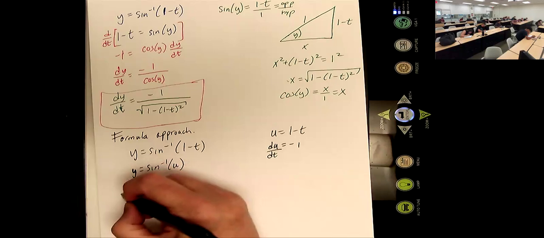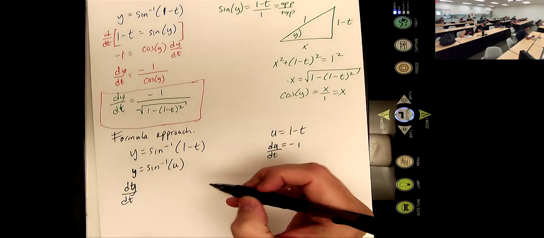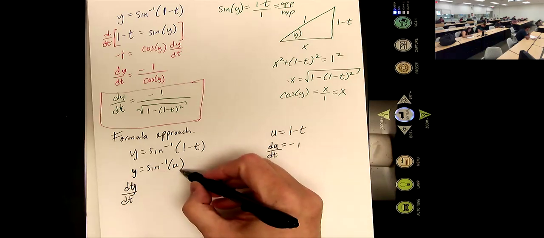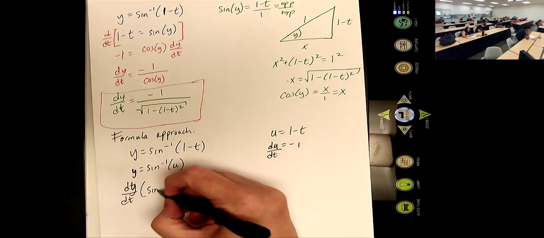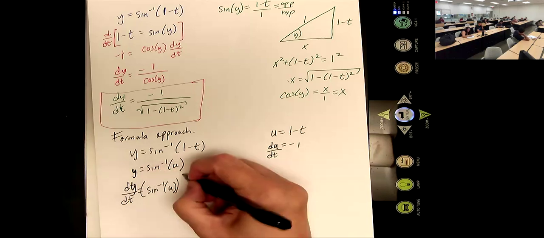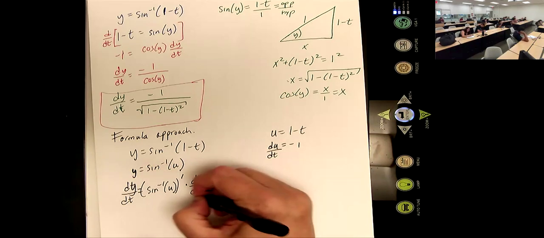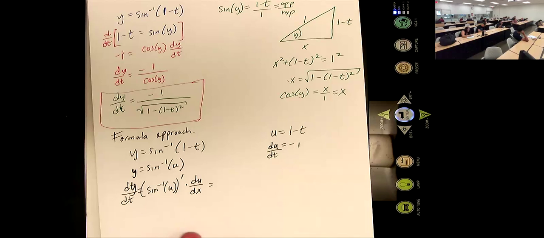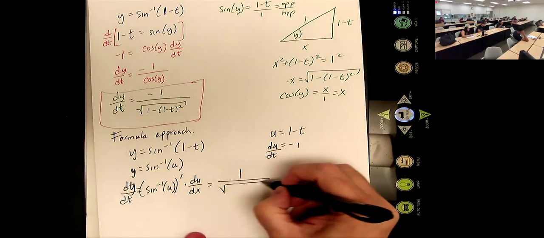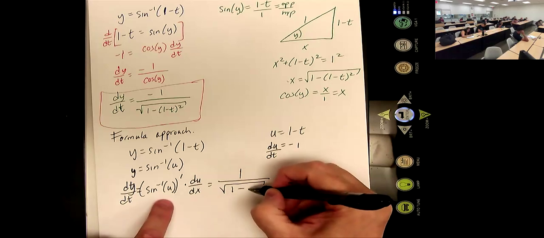So dy/dt equals the derivative of sine inverse of u, times du/dx. So what was sine inverse? Sine inverse was 1 over square root of 1 minus whatever's in here squared.